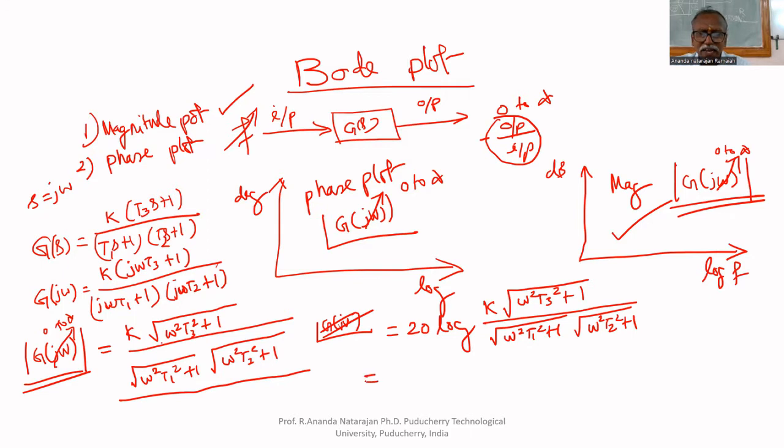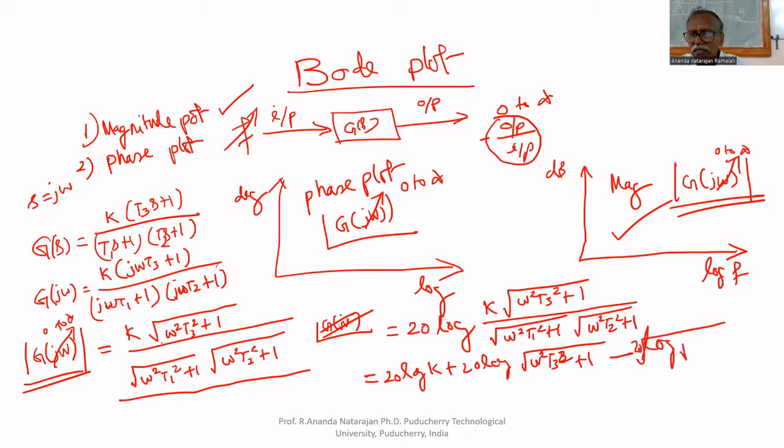That's why it can be written as 20 log K plus 20 log square root of omega square tau 3 square plus 1, minus, since it is in denominator, 20 log square root of omega square tau 1 square plus 1, minus 20 log square root of omega square tau 2 square plus 1.